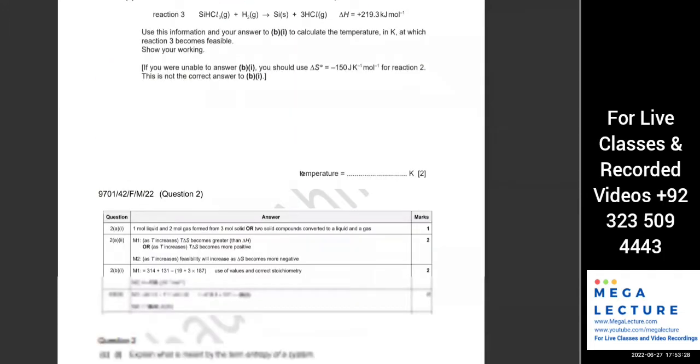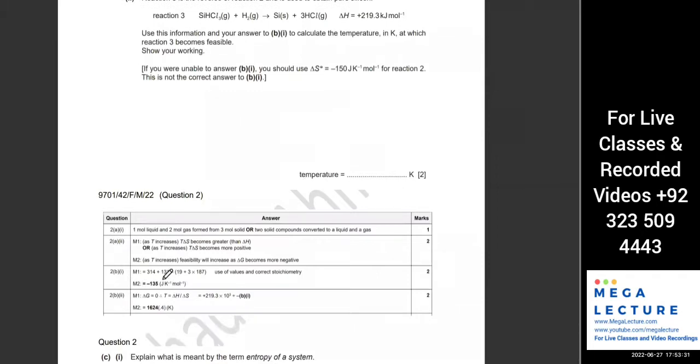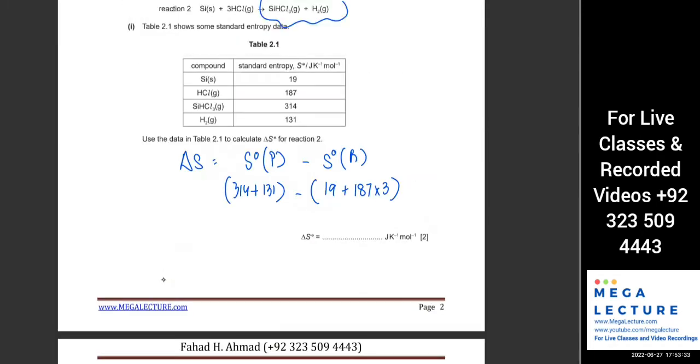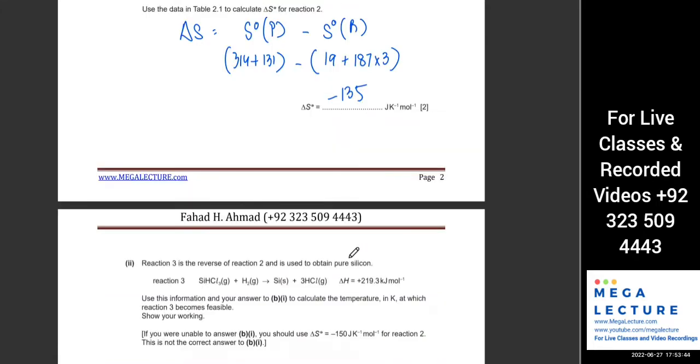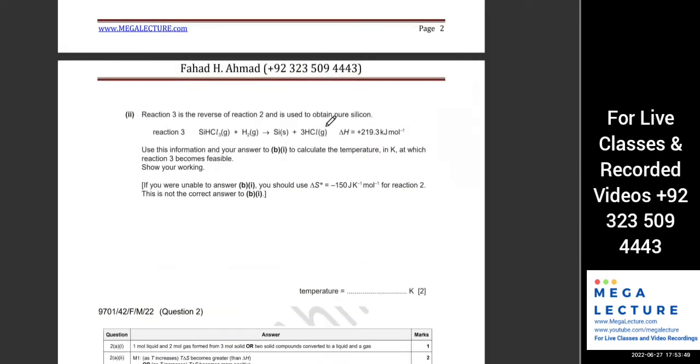And that's minus 135. I'll keep your calculator with you. I'm not going to look at the marking scheme now. But is this clear as well? This question, right? Clear? Is this clear? Yes or no?